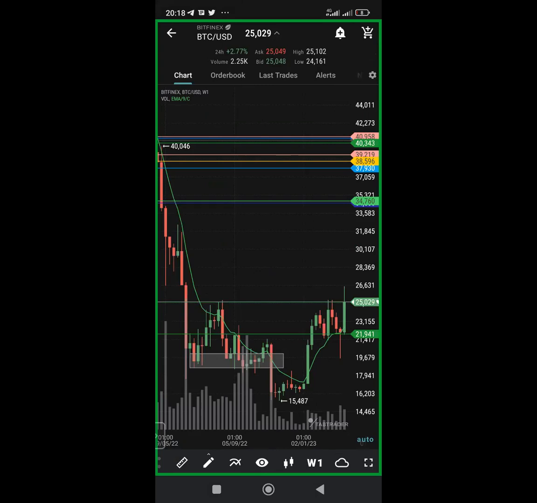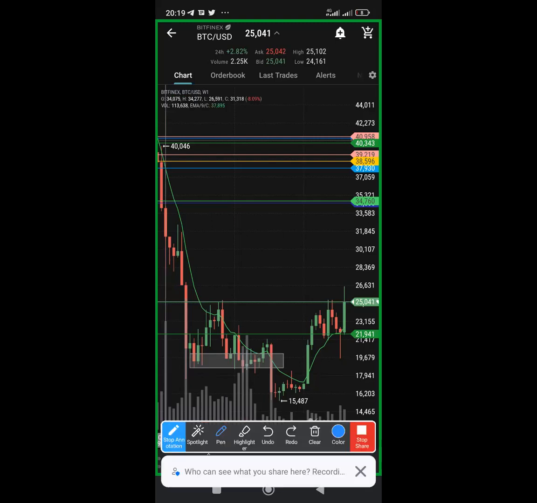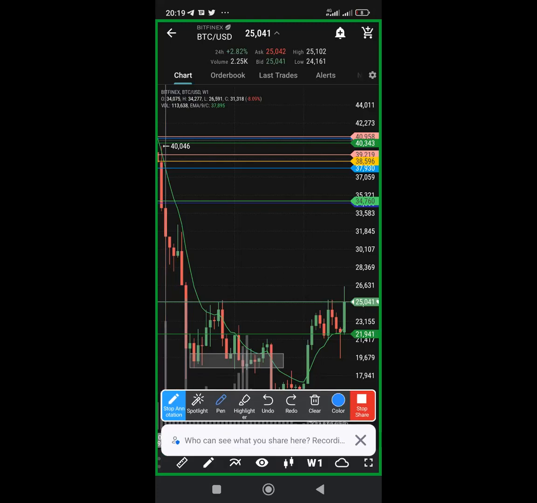lots of zones where, when you see the market as a trader, normally you want to get a buy order, possibly even around here.